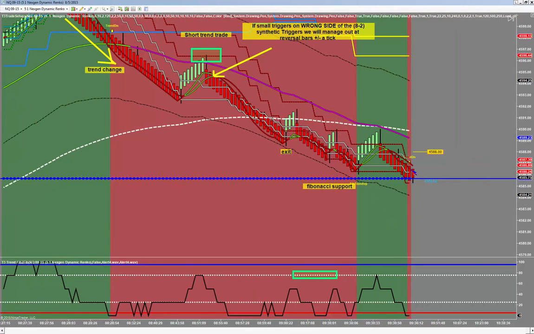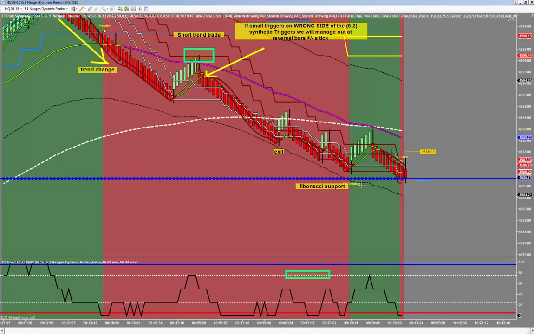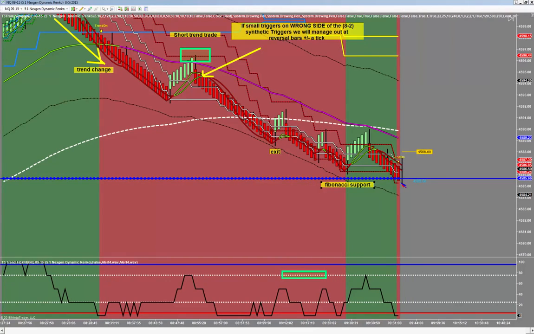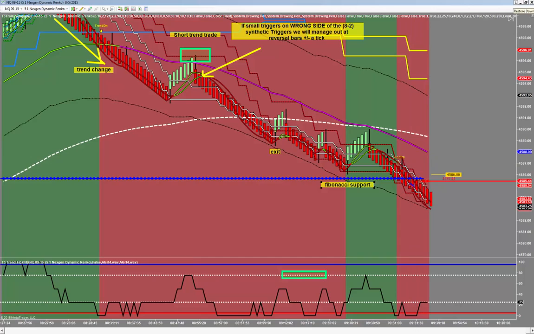Because our small triggers haven't broken out above our synthetic triggers. We know we have support here. That's great. We love support. So support has to do one of two things: break, or small triggers have to break out to the upside. And then we can go the other way. Does that make reading it about as simple as it can be?